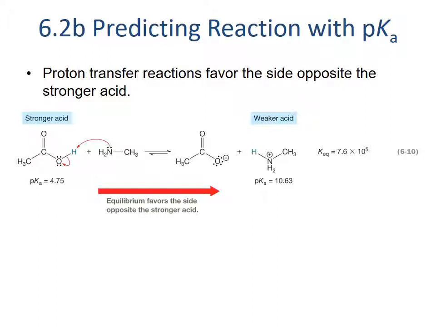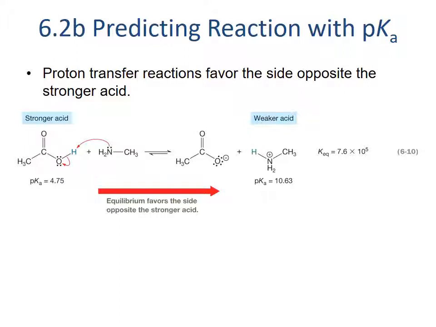A lower pKa always means a stronger acid, so if a reaction is drawn out, the acids on both sides of the equation can be compared. In this example, acetic acid, which is shown on the left, has a pKa of 4.75, while methylammonium, which is on the right, has a pKa of 10.63. Since 4.75 is lower, acetic acid is a stronger acid, and the reaction will proceed to the right.